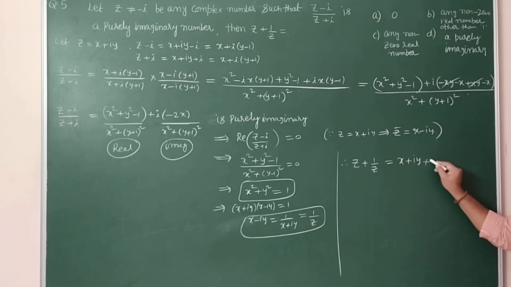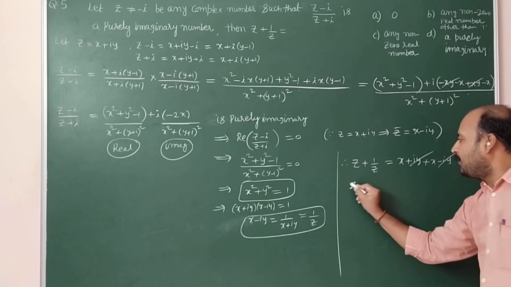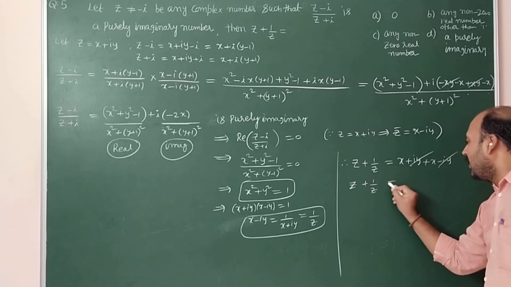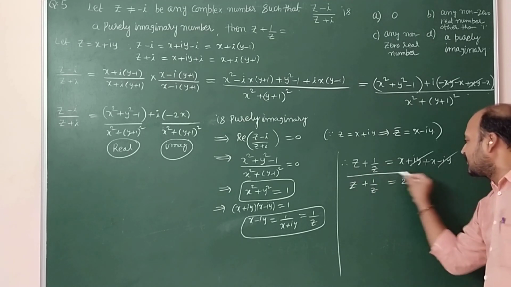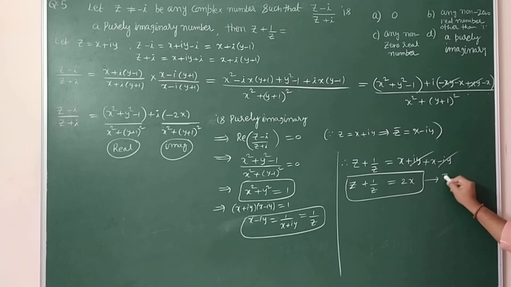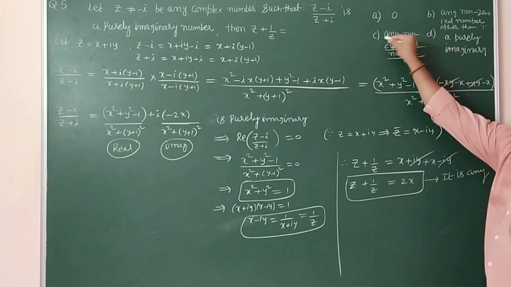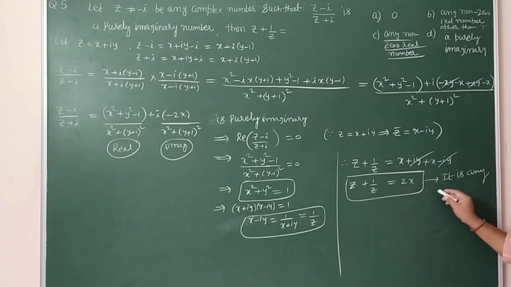So plus iy, minus iy will cancel. z plus 1 by z is equal to x plus x, that is 2x. 2x is any real number. It is any non-zero real number.